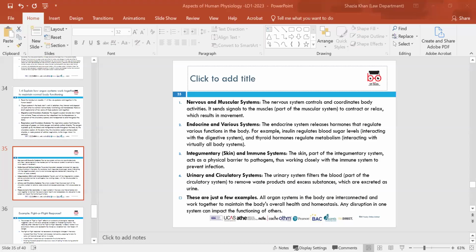Then you've got the endocrine system and various other systems. The endocrine system is in charge of creating and releasing hormones to maintain countless body functions. The endocrine tissues include the pituitary gland, thyroid, pancreas, and others.